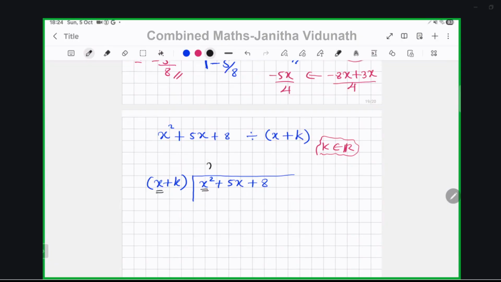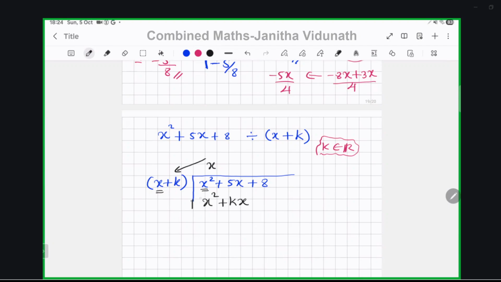Then we will have the answer x. Then we need to multiply it with the entire divisor. Then we will have x square plus kx. Now think this k is any number like 1 or 2 or 3 or any number.